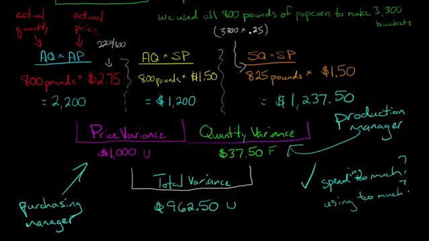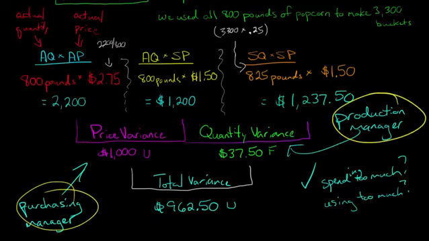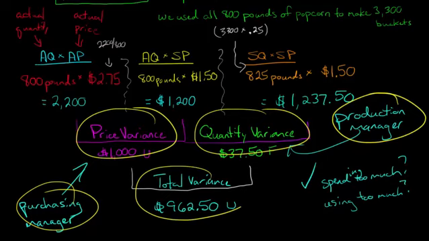But larger firms will actually have these as two different responsibilities, and so we want to really be able to break this out and say, okay, we know we have this big variance here, but how does it break out, right? We've got this price and we've got this quantity aspect, and so we really want to know who dropped the ball, or if it was a really good month or quarter, who's the one that should get a bonus and so forth. So we really need to be able to know what is driving this total variance, right?